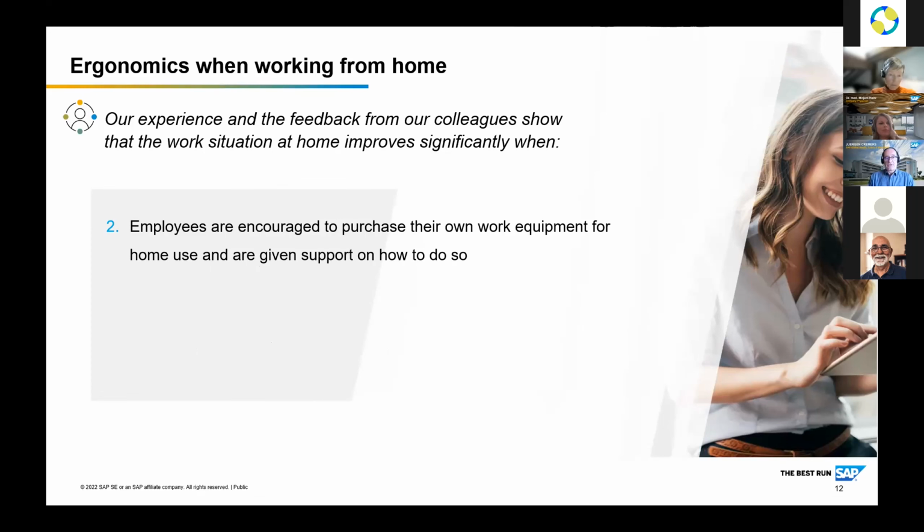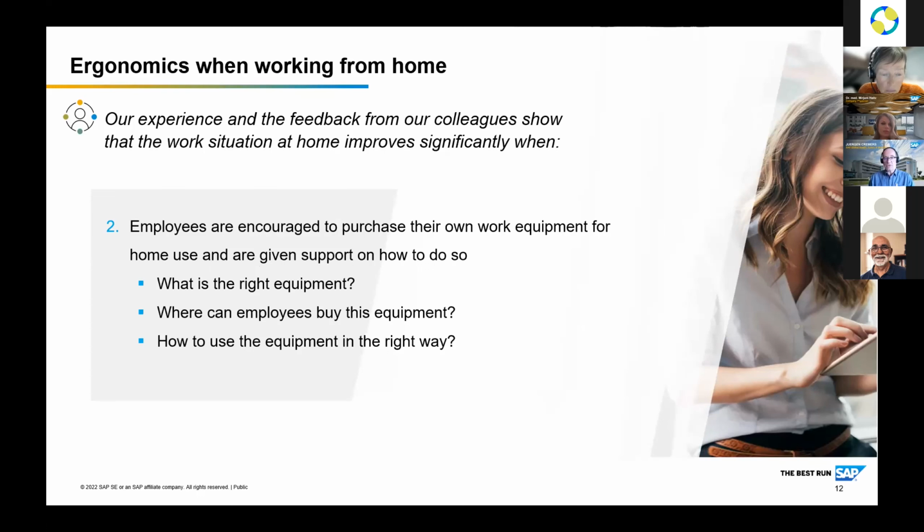Then, of course, employees should be encouraged to purchase their own work equipment for home use, and be given support on how to do so. They have to know what the right equipment is, the right size for a desk, and the chair that fits the person sitting on it. And they must know where employees can buy this equipment.